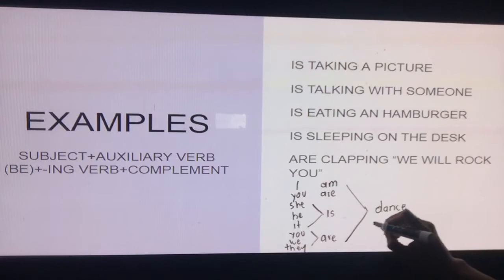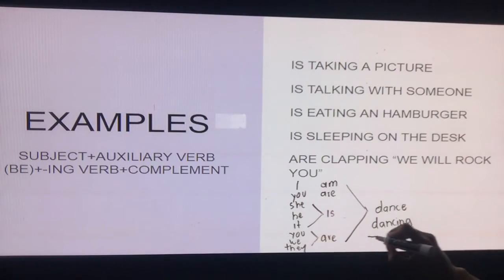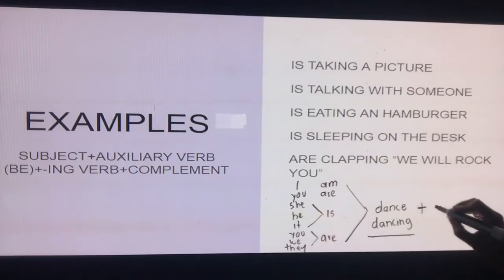It comes from dance. I have to change it into dancing. Okay, and then finally I can add a complement if I want to. In this case, it can be on my own, like the song, okay?